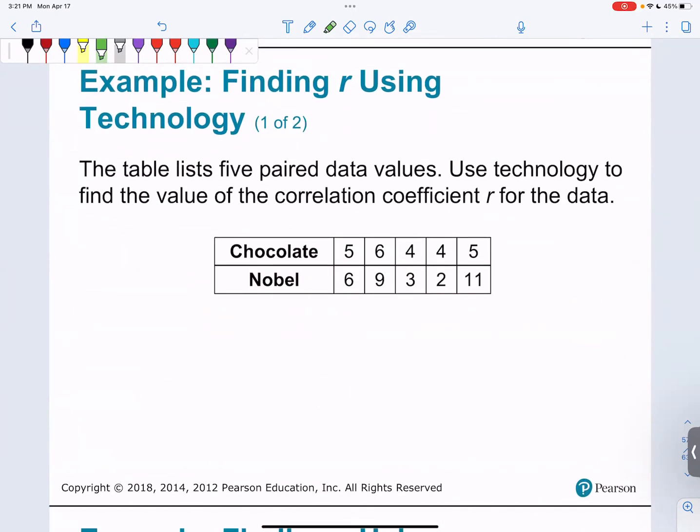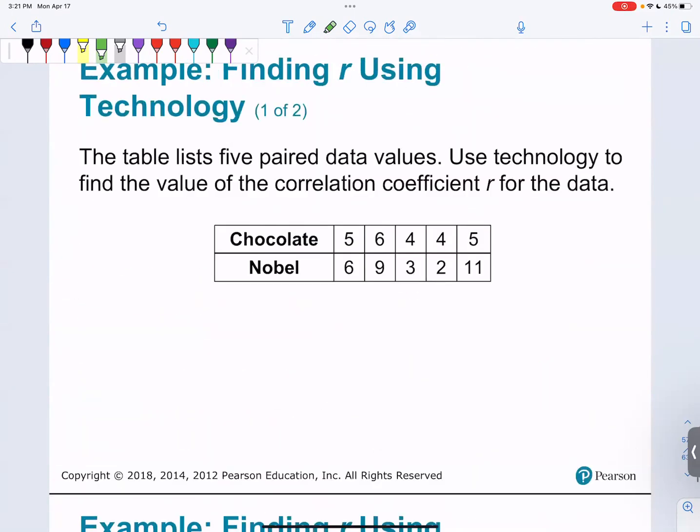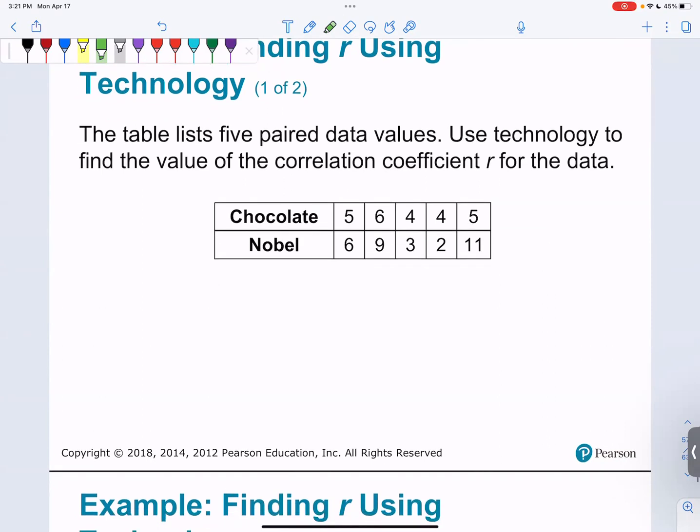Okay, so now if we have these two variables and we want to study the correlation between them, we can do it like this if we want to do it manually.